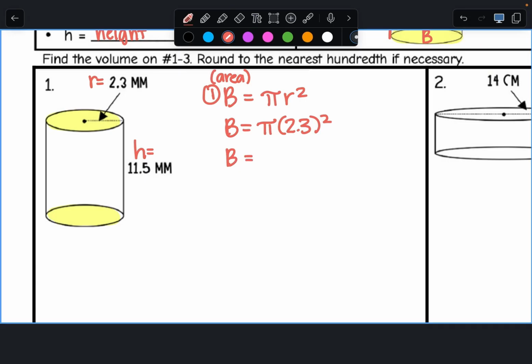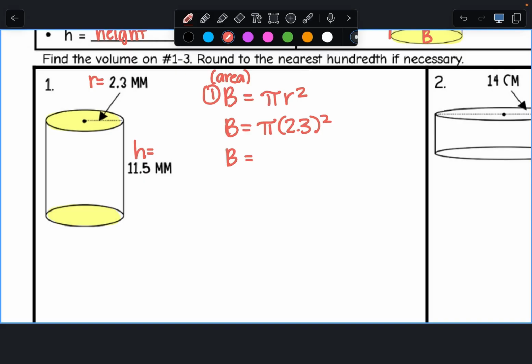Type that in. So second, pi. Does everybody remember where to find pi? Oh my gosh. Why is it so zoomed in? Yeah, it's the button under clear. Yes. It is the button under clear.